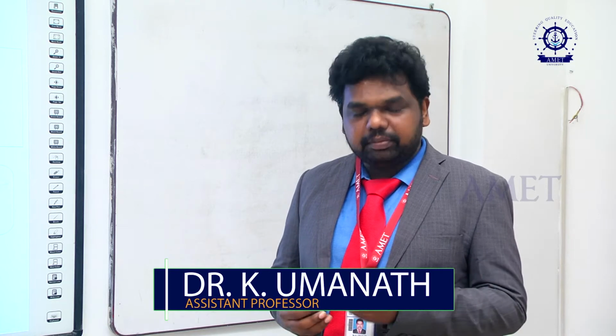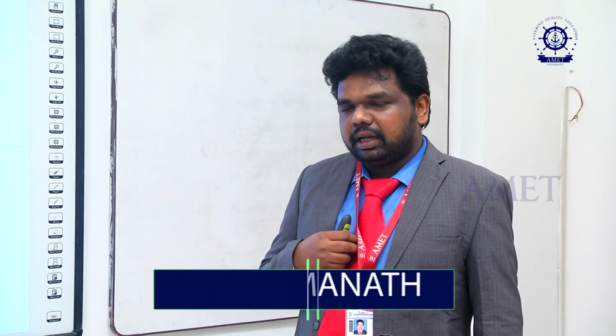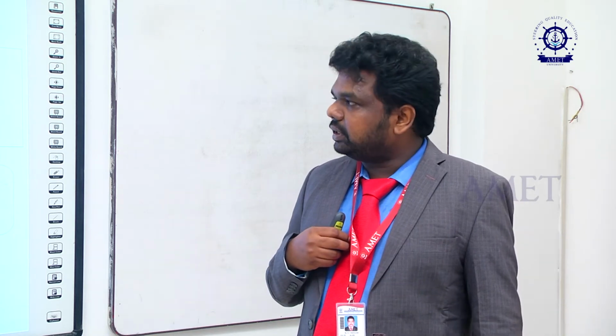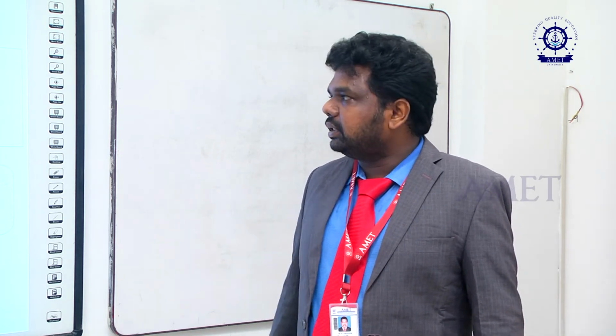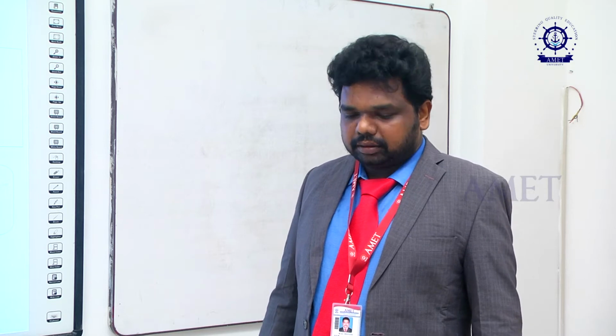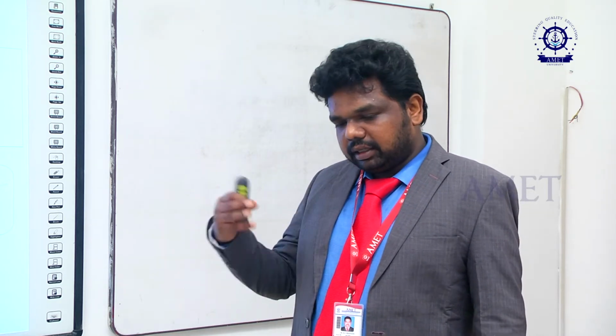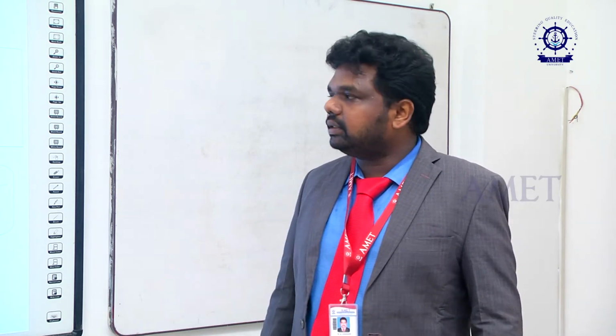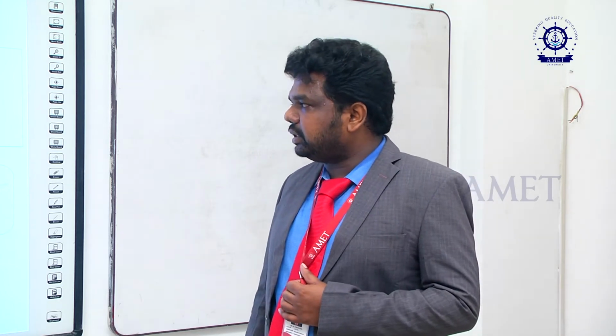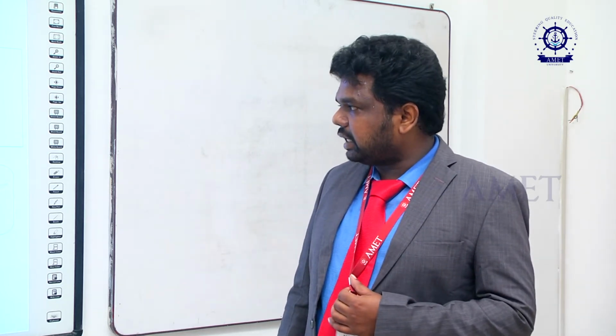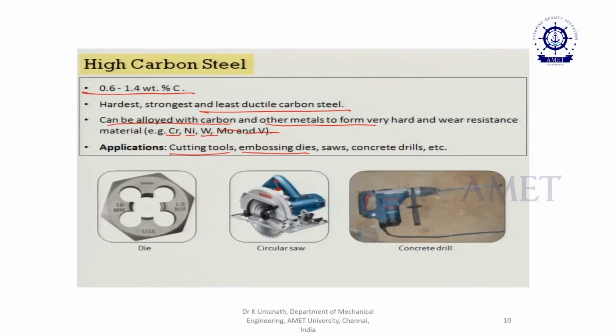Main properties of medium carbon steel: it is a good wear resistant metal with high corrosion resistance compared to low carbon steels. It is stronger than the other alloy steels and non-ferrous metals. These are the applications: railway wheels, tracks, gears, crankshafts.